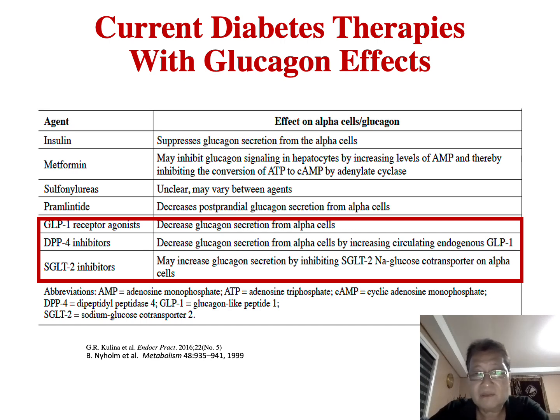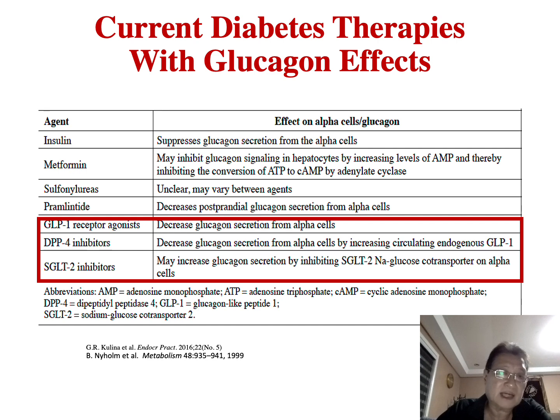Now, the following existing DM medications may directly or indirectly affect glucagon secretion or action. Number one is insulin, as we already mentioned, suppresses glucagon secretion from the alpha cells, especially in the intra-islet cells. Okay, metformin, interestingly, may inhibit glucagon signaling in the hepatocytes in the liver by increasing level of AMP and thereby inhibiting the conversion of ATP to cyclic AMP by adenyl cyclase.